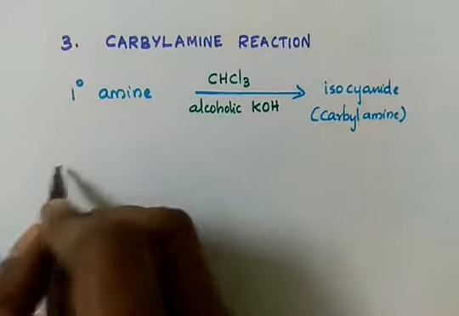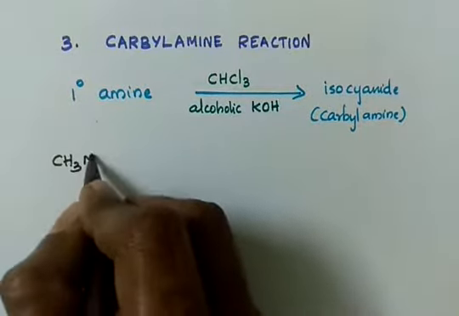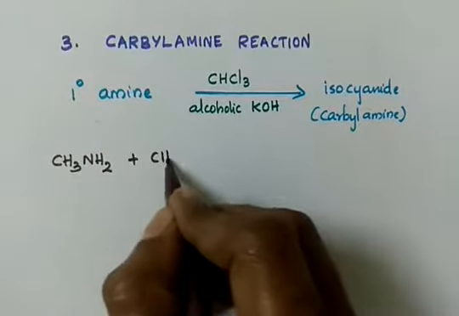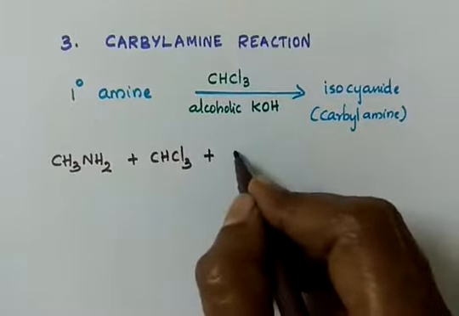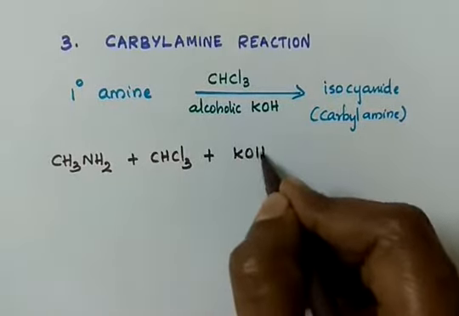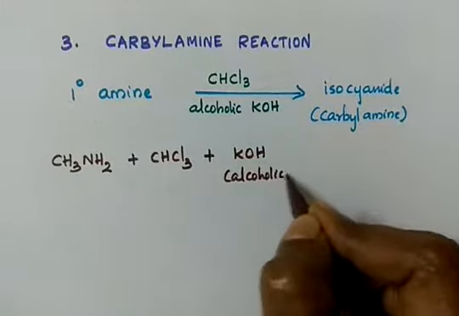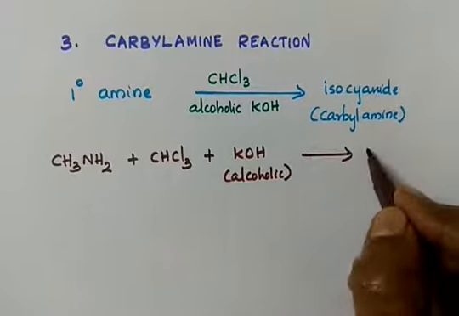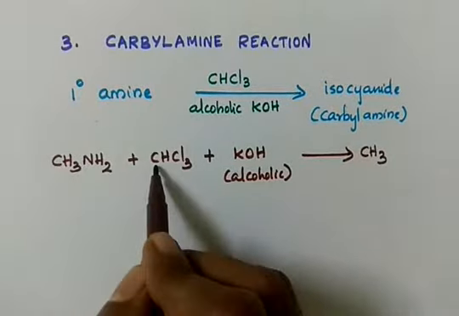For example, an aliphatic primary amine, methylamine, CH3NH2, on treating with chloroform, CHCl3, and an alcoholic solution of potassium hydroxide, alcoholic KOH, gives isocyanide, CH3NC.